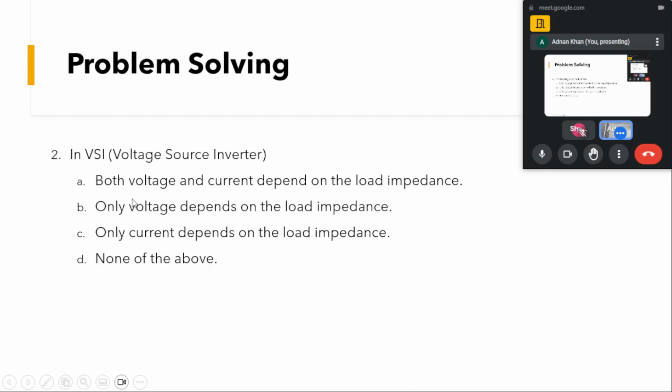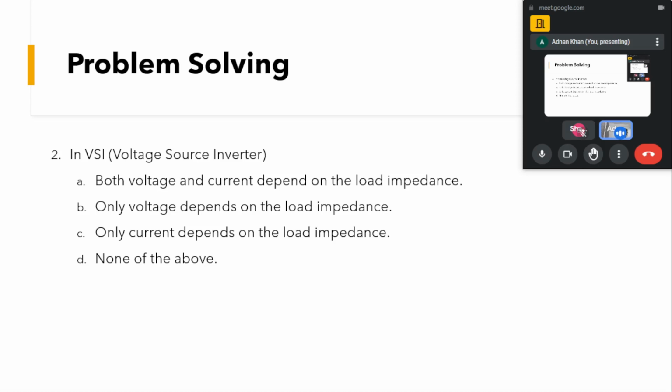Now coming to question number 2. What is asked here is, in a voltage source inverter, we have different options, and you have to choose which among them is the correct one. It is given: both voltage and current depend on the load impedance; only voltage depends on the load impedance; only current depends on the load impedance; or none of the above.